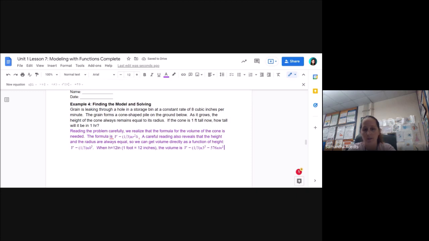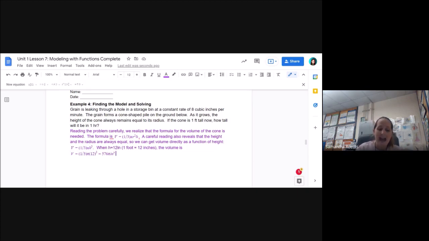Oh, it's 12, not 3, sorry. 12 cubed is 1,728, and 1,728 divided by 3 gives me the 576. So 12 cubed times 1/3, which is really divided by 3, gives me the 576. The pi comes along for the ride.